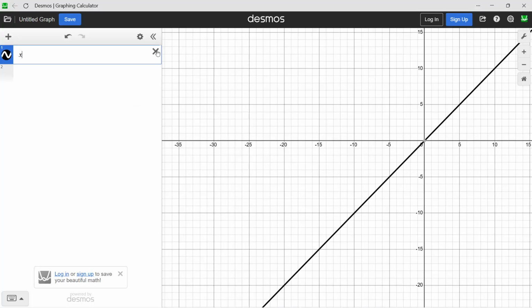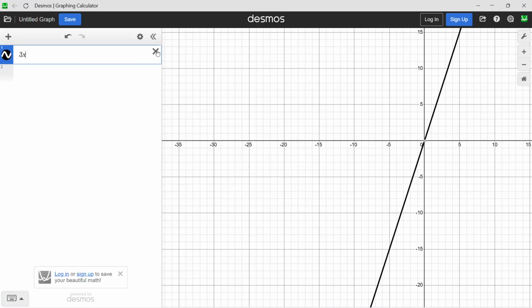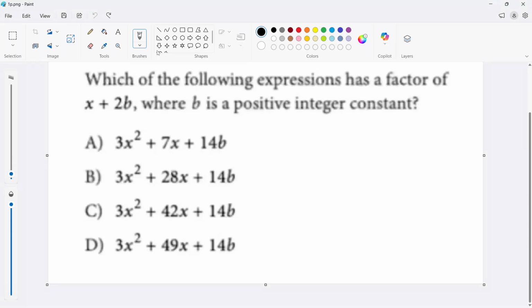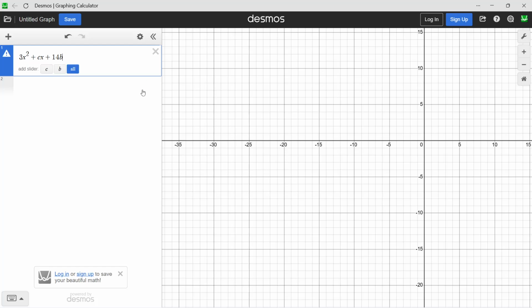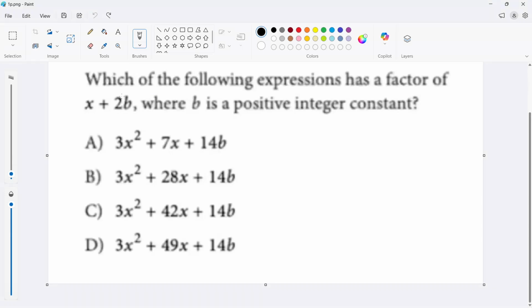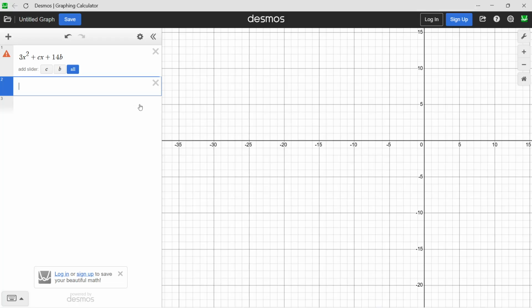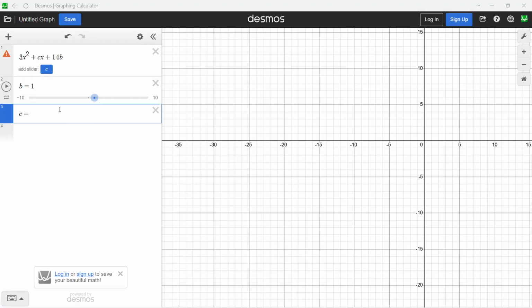I'll just try the first one, 3x squared plus cx plus 14b. They're all 14b, yes. Where b is a positive integer constant, so I want a slider for b and a slider for c, and I'll put in these different values for c, starting with 7.